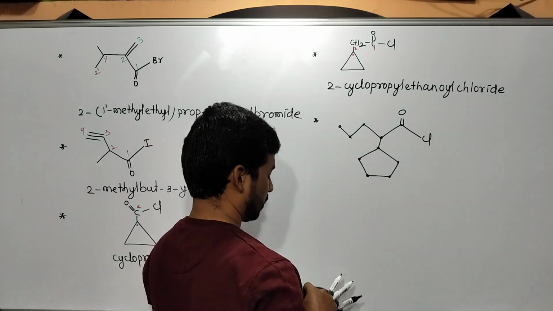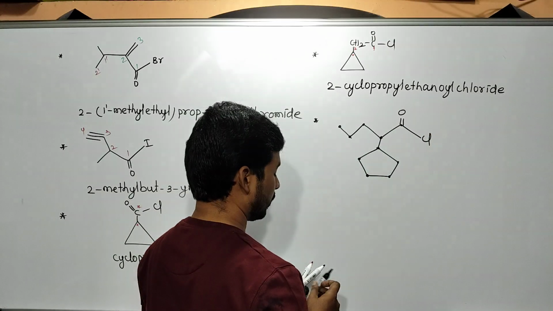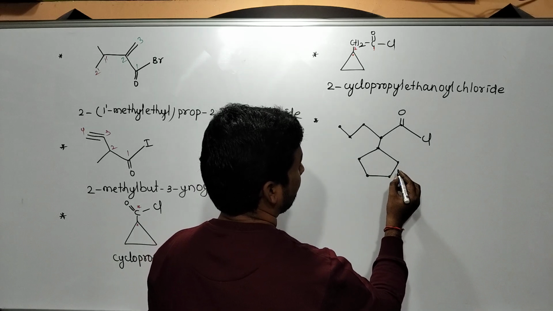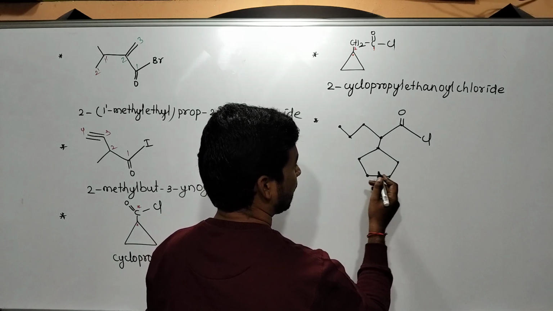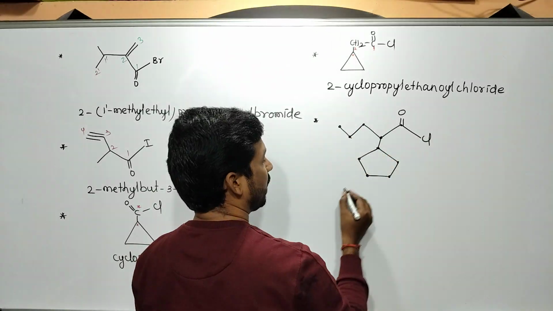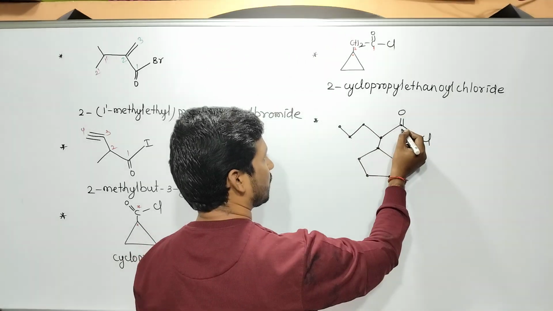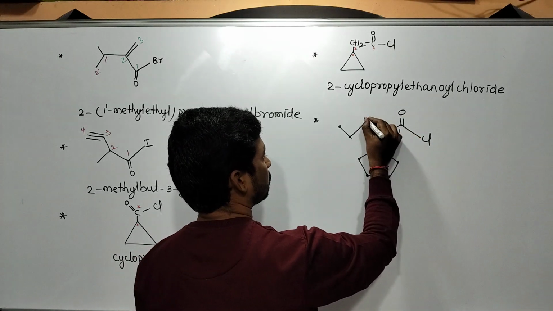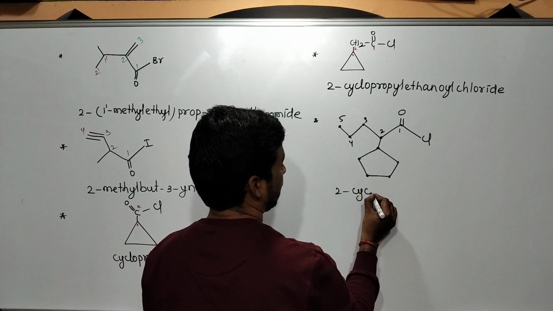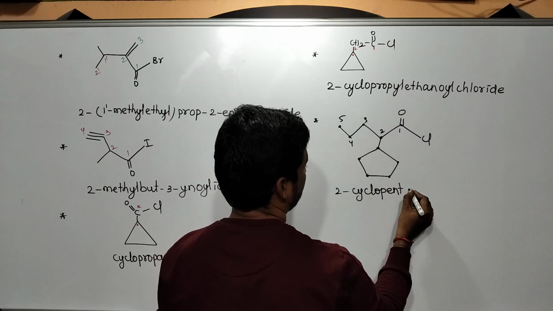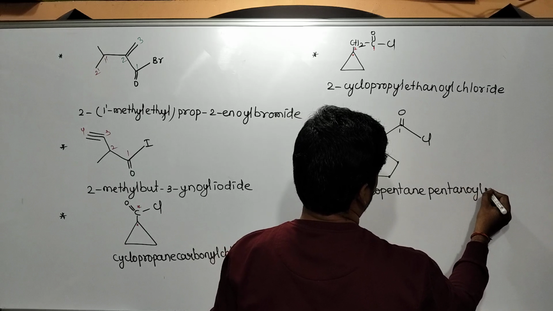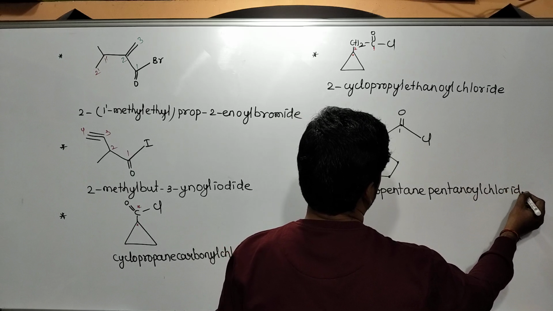But take the open chain as the parent chain because it contains the functional group. So 1, 2, 3, 4, 5, pentanoyl chloride, with cyclopentane at the second position. 2-cyclopentyl pentanoyl chloride is the IUPAC name of this molecule.